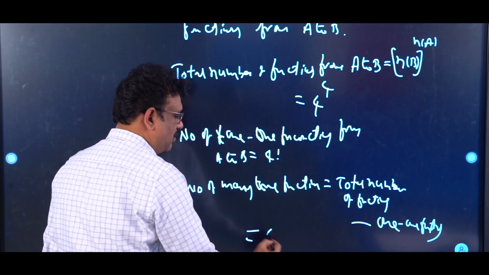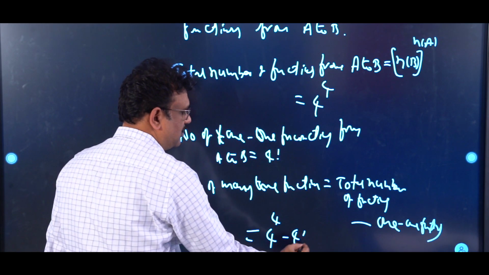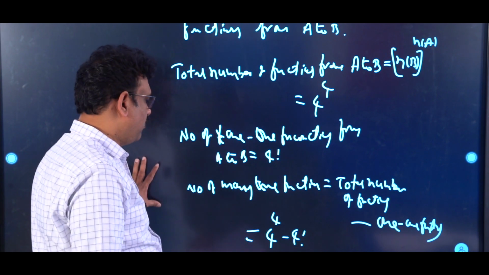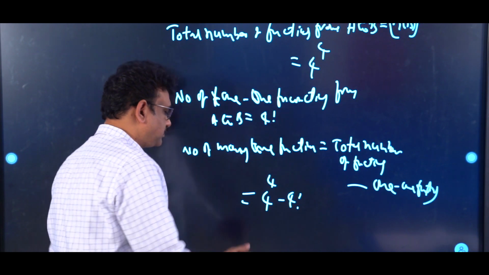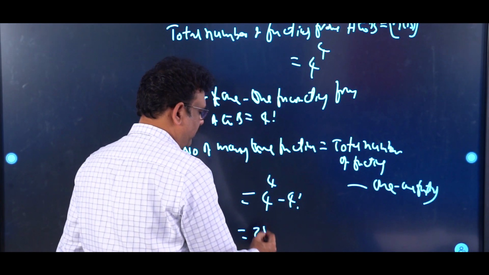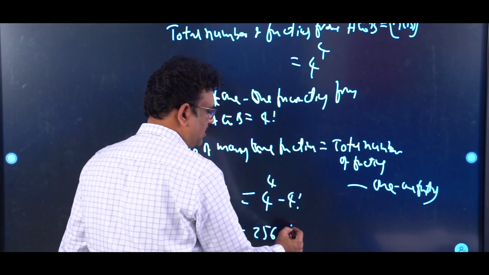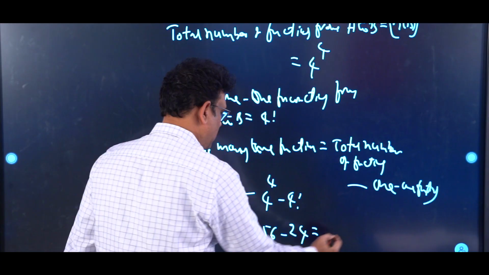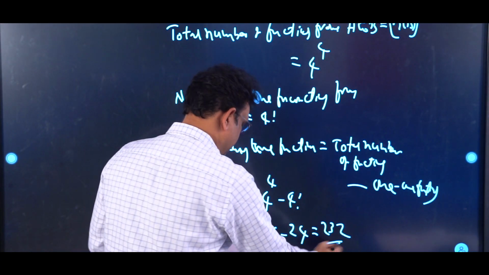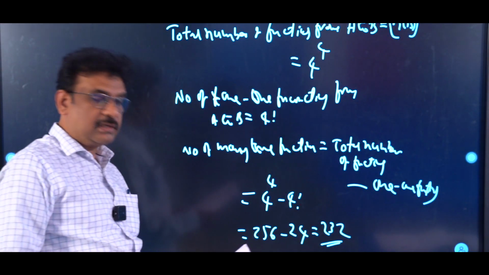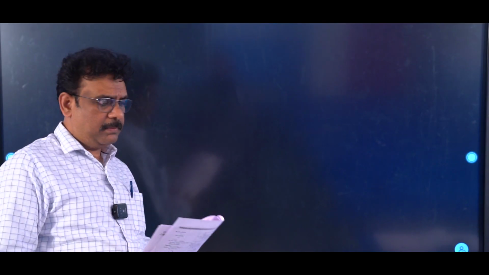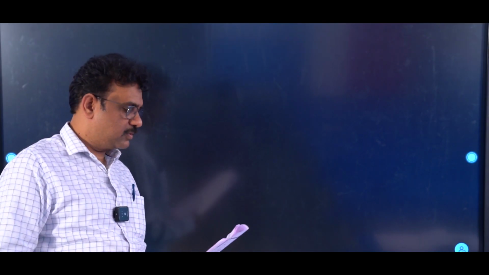So that is equal to 4 power 4 minus 4 factorial. 4 power 4 is equal to 256, minus 24. That is equal to 232. That is the second option.